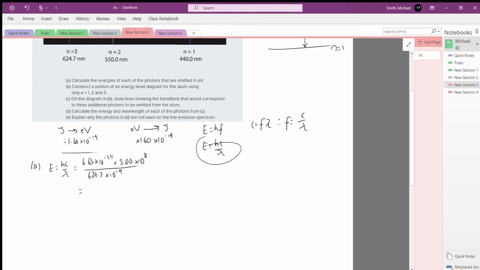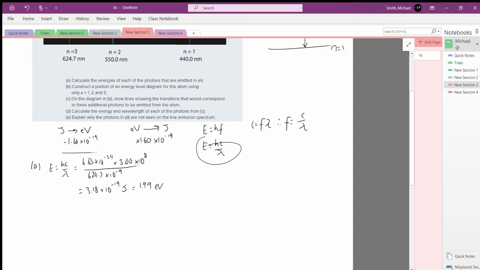And if we substitute that into our calculator, we get 3.18 times 10 to the power of minus 19 joules, which equals 1.99 electron volts.